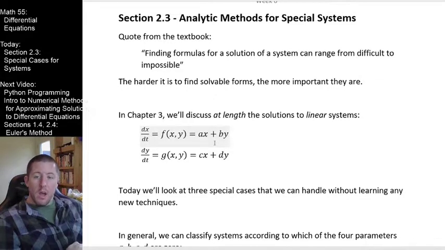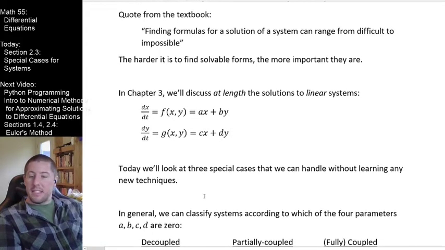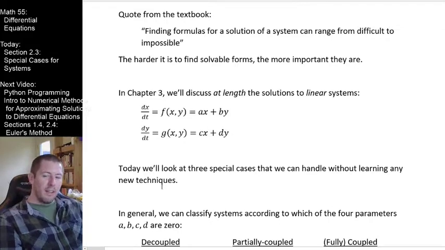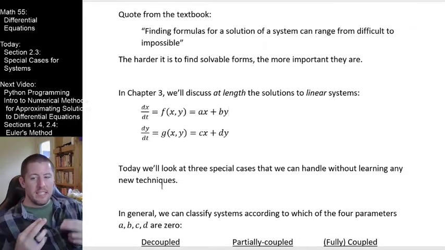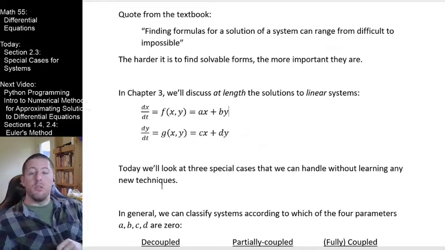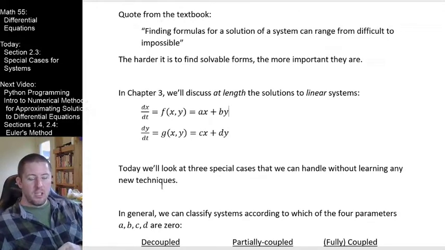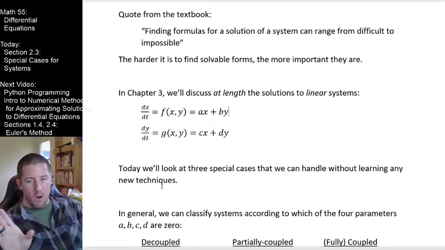We will do that. We're going to end up seeing that the second order equation that we're going to look at today, we won't be able to handle its system version, but we will be able to handle its second order version. So that'll be our third special case today, which is really a little bit more about second orders than about systems. But a thing that we saw in the last 2 videos that we're going to continue to emphasize is that second order differential equations are closely tied to systems of linear differential equations, because we can always find a substitution to convert from one format to the other.